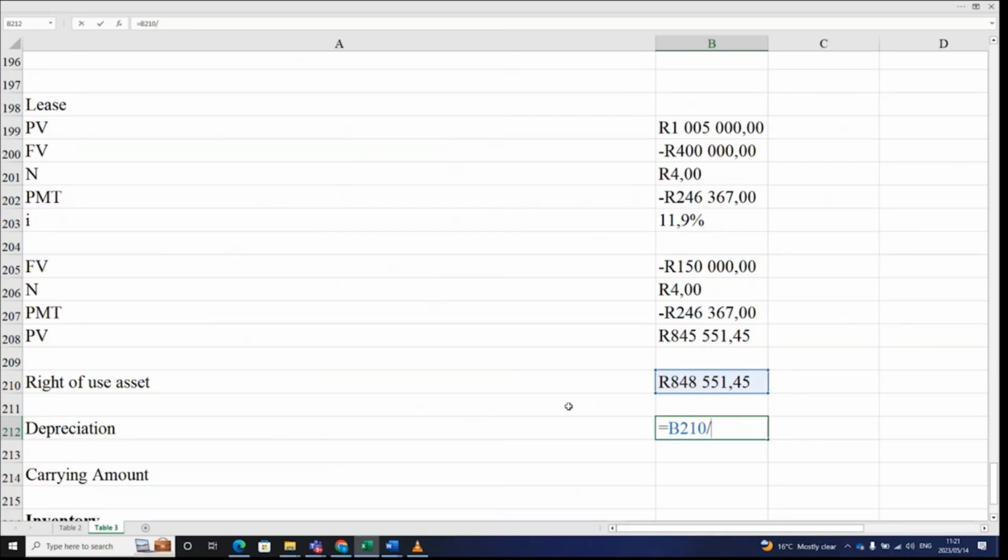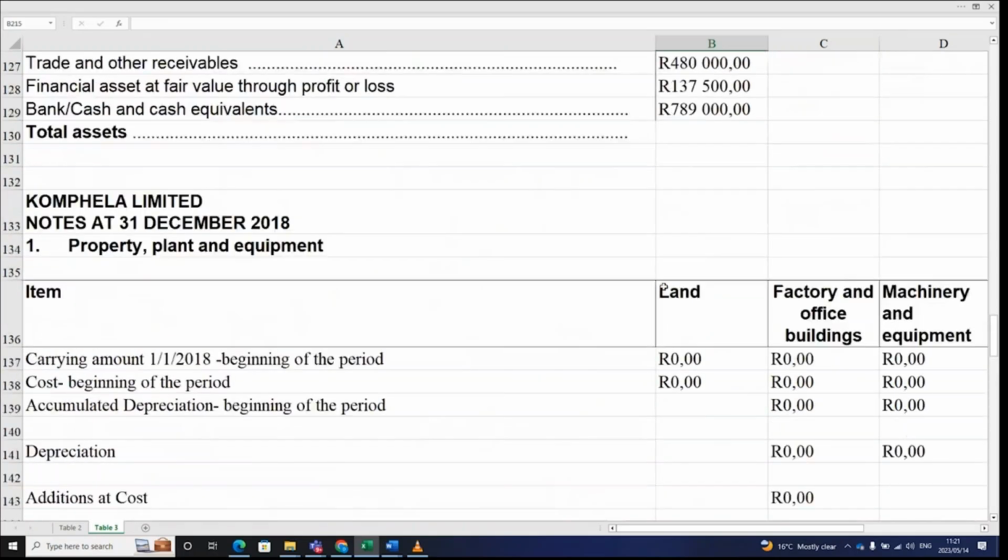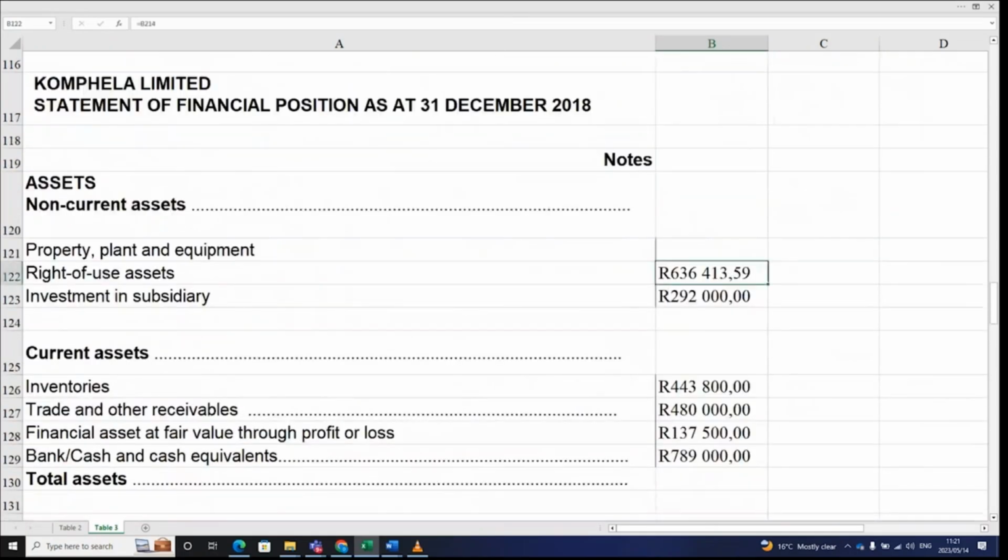So the lease period is 4 years. That's what we have over there. Then the carrying amount will obviously be the cost less the depreciation for the period, leaves us with 636,000. And that's then the amount we have there as the right of use asset.